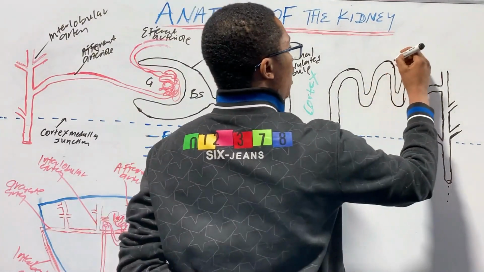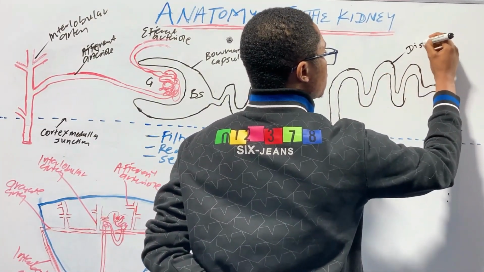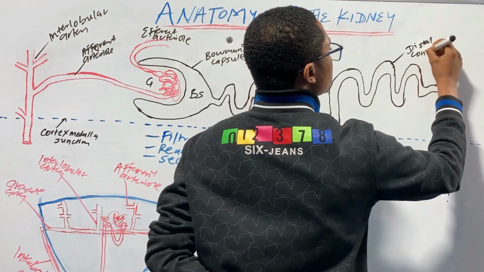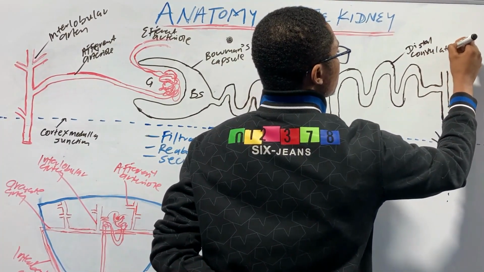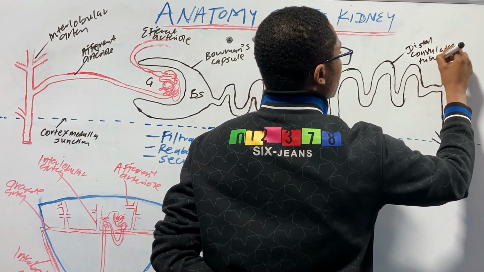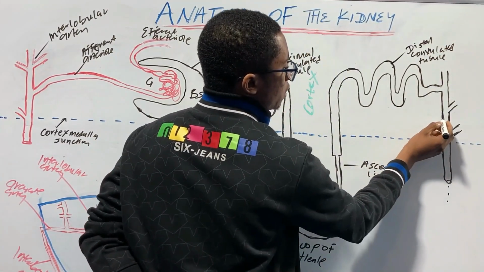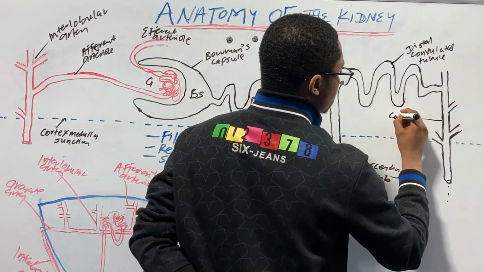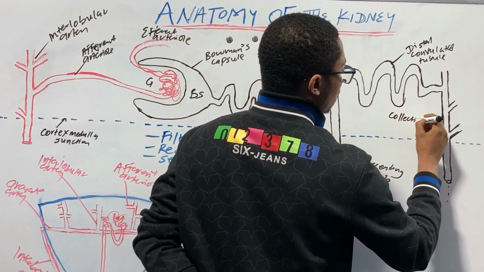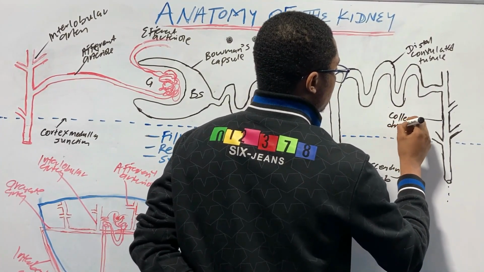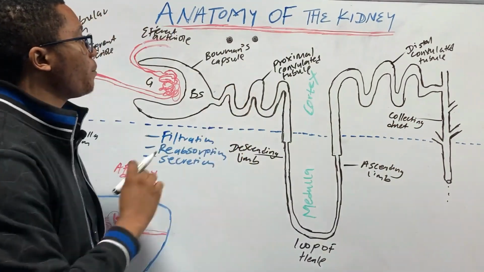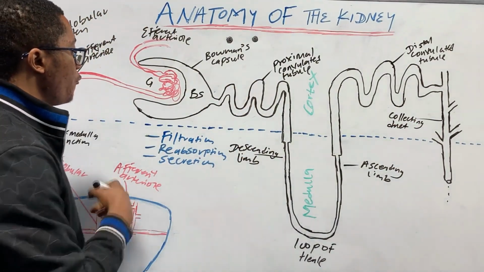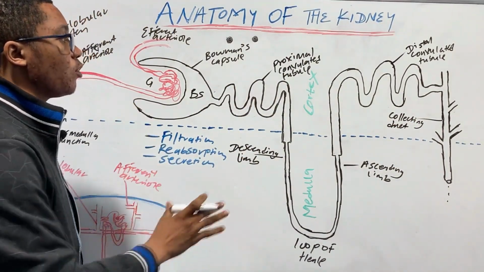Here we have the distal convoluted tubule, and the last structure here is the collecting duct.